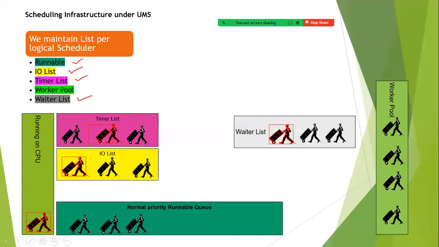Now you see here, I have a runnable queue with 3 threads waiting, and I have different queues. Now let's say one thread is currently executing on the CPU. That is what you see here. Now this thread is coming out of CPU, right?